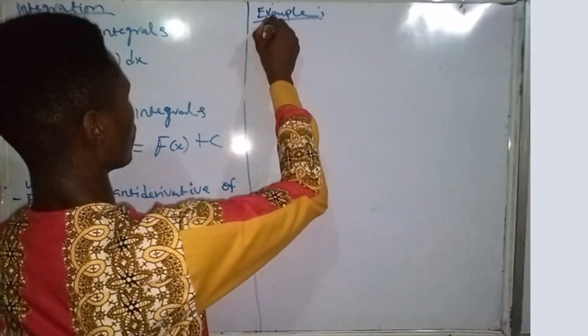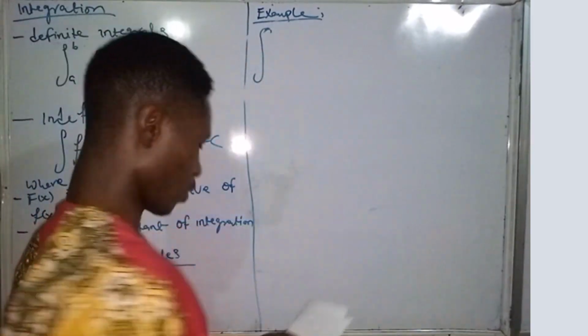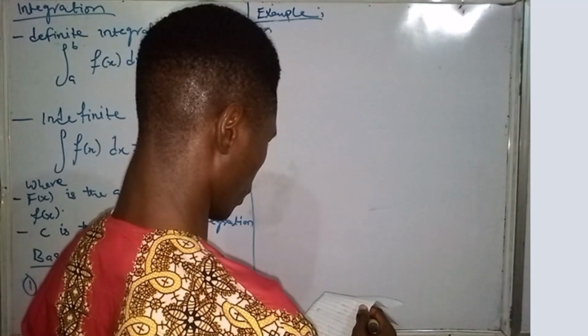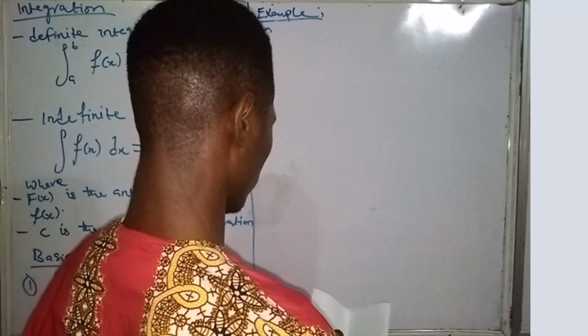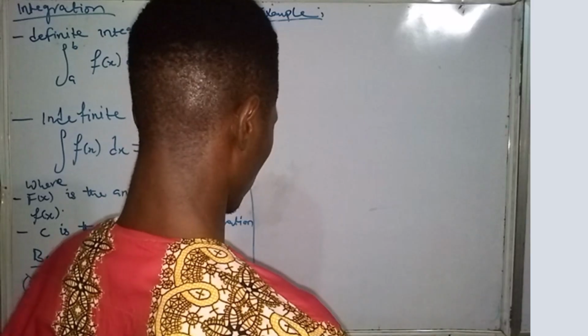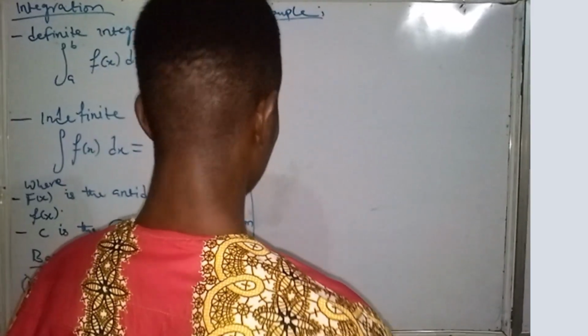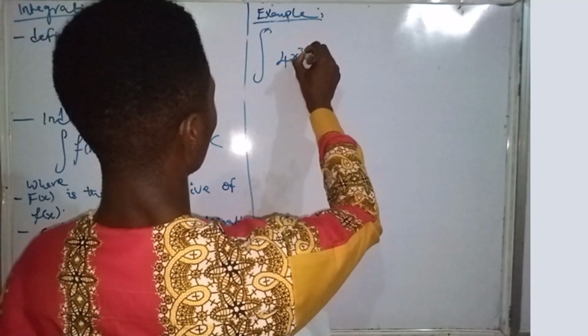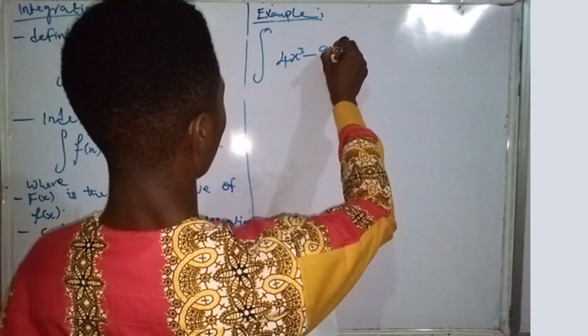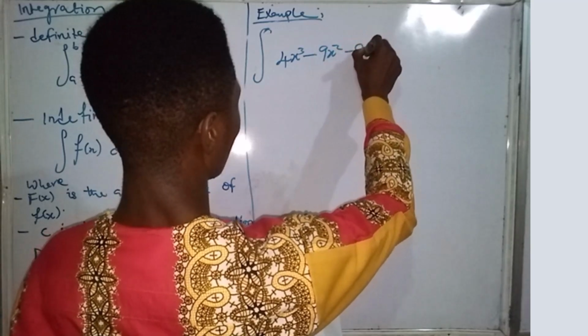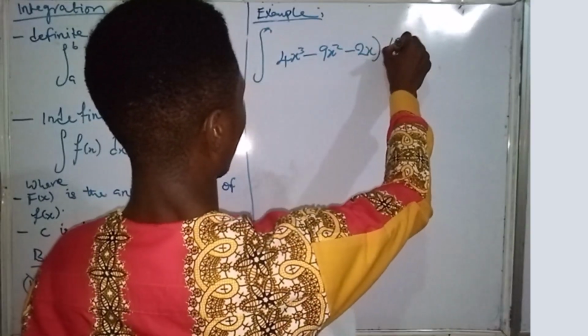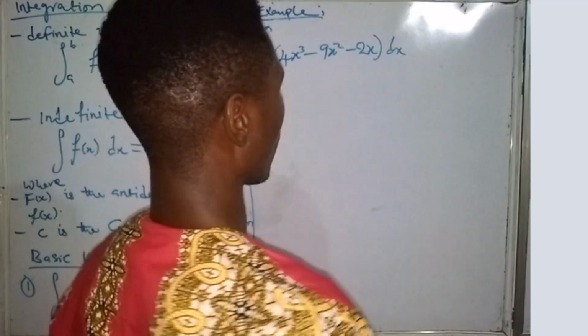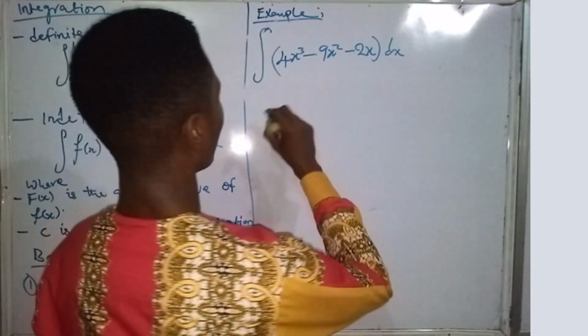If we have the integral of, let's say, 4x cubed minus 9x squared minus 2x dx, to solve this is simple.